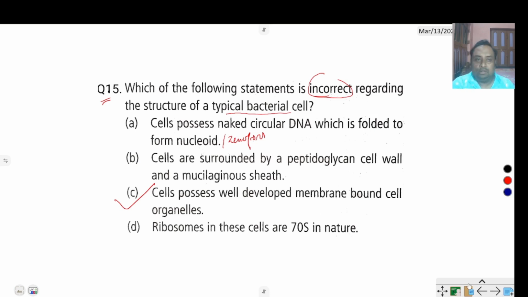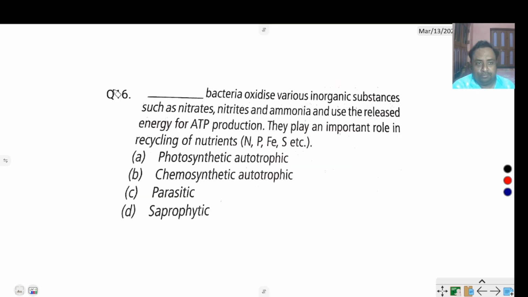Question number 16. Bacteria oxidize various inorganic substances such as nitrate, nitrite, ammonia, and use the released energy for ATP production.